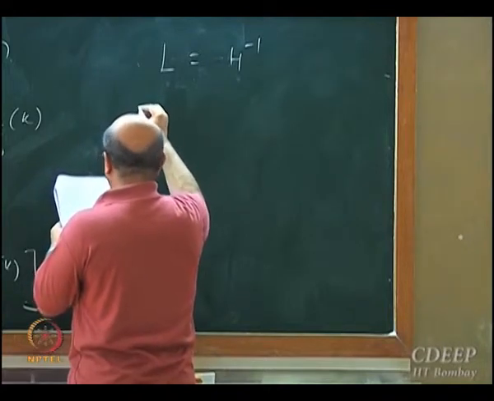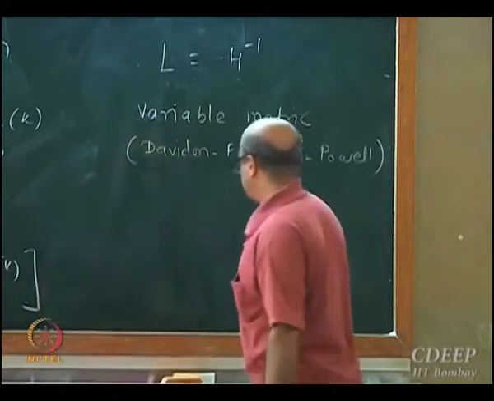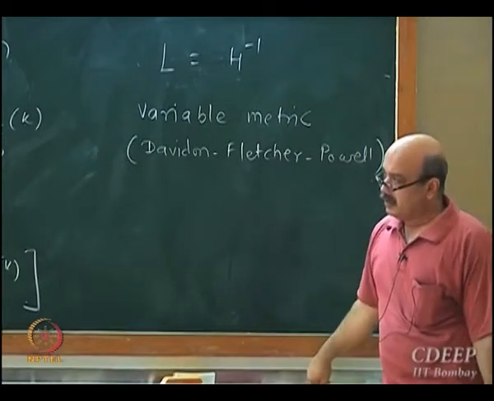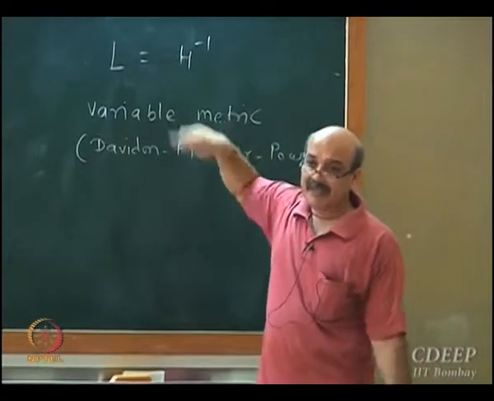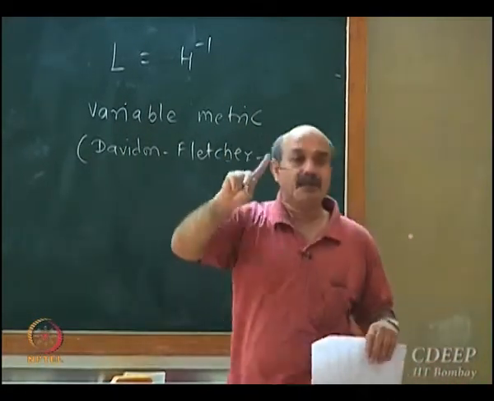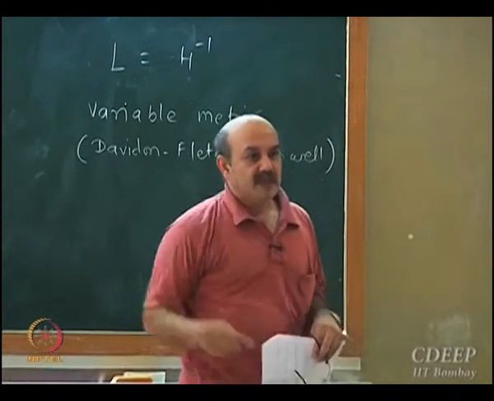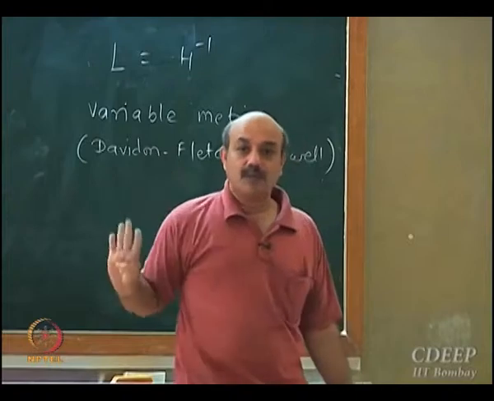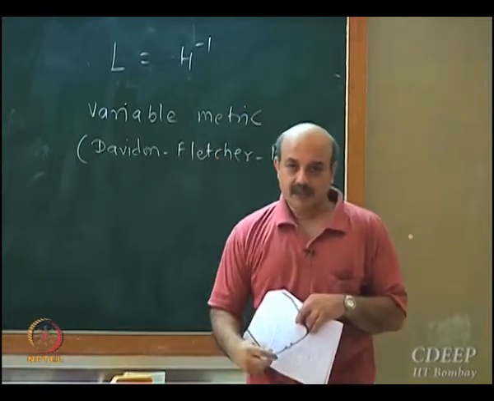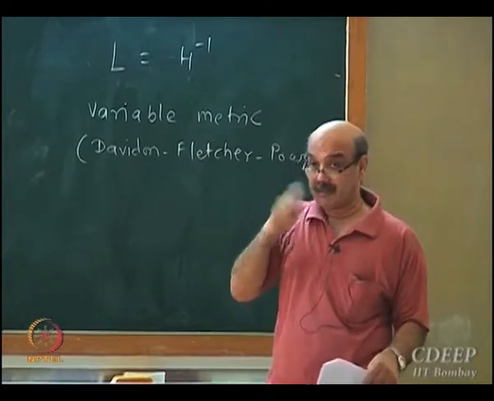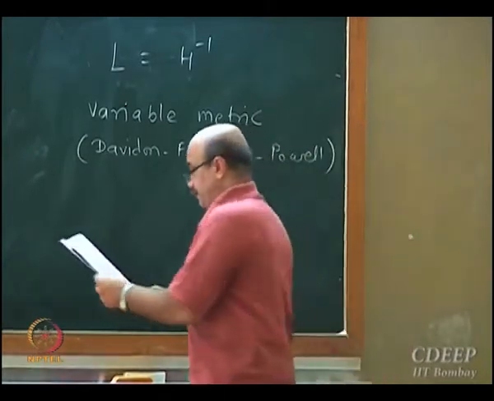This is called the variable metric or Davidon-Fletcher-Powell method, in which you update the inverse of the Hessian iteratively. Only once in the beginning you compute the inverse, and after that you just update it without having to compute it explicitly. So this is the quasi-Newton idea, where you don't have to keep explicitly computing the Hessian.